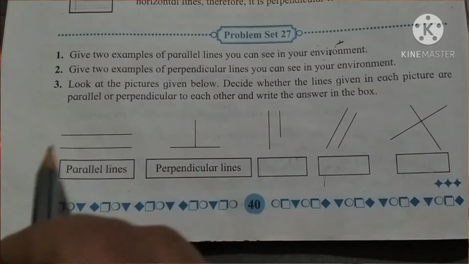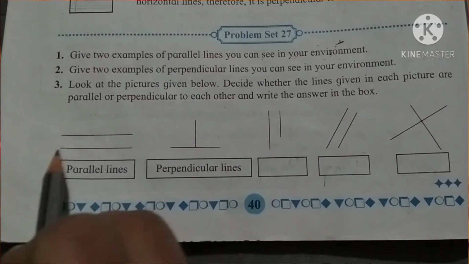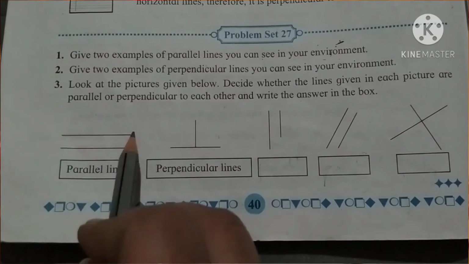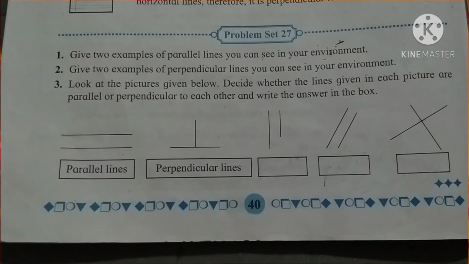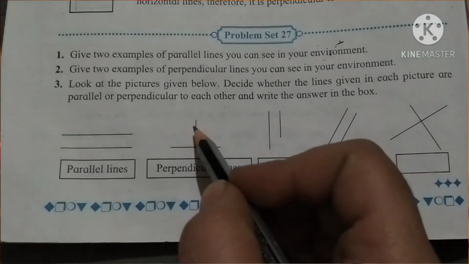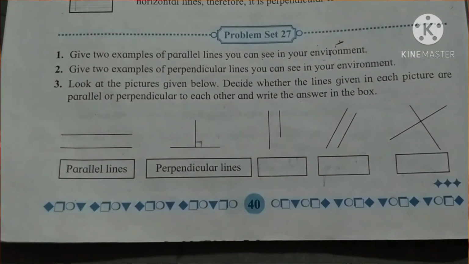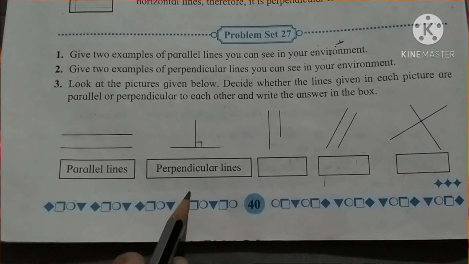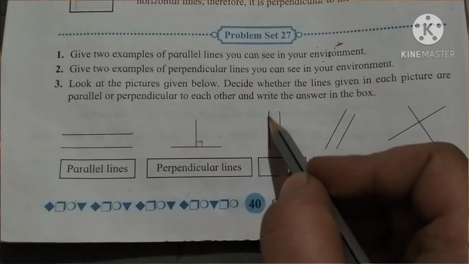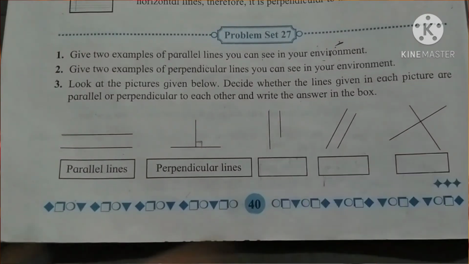So see the first two lines. Here, do the two lines intersect with each other? Do they touch each other? No. So they are parallel lines. Now here, this line and this line, how many degrees does the angle form? 90 degrees. So which lines are they? Perpendicular lines. Now here, this line and this, do they intersect with each other?